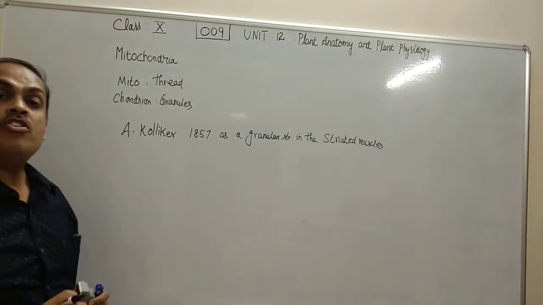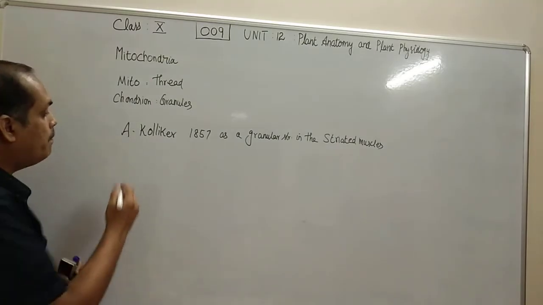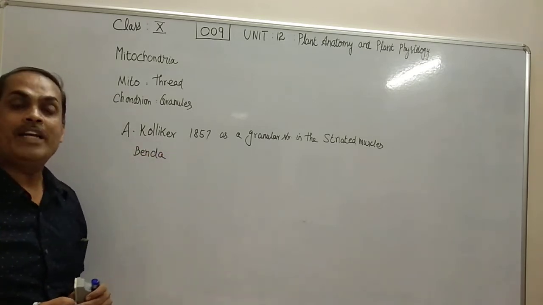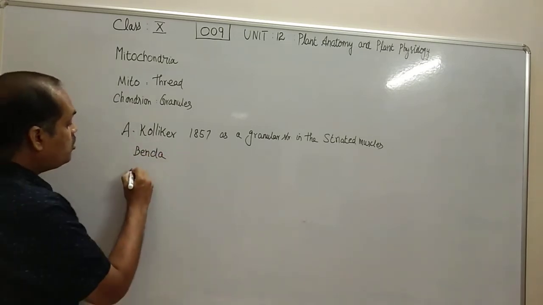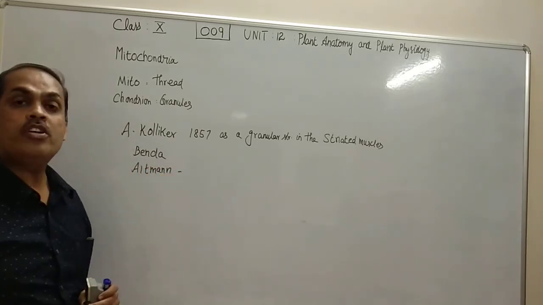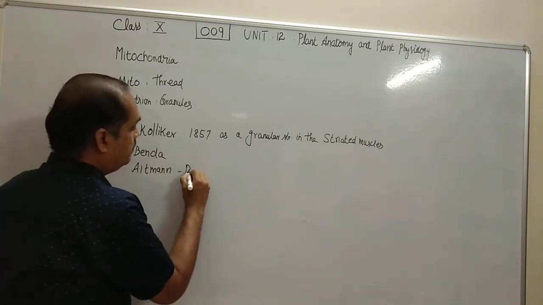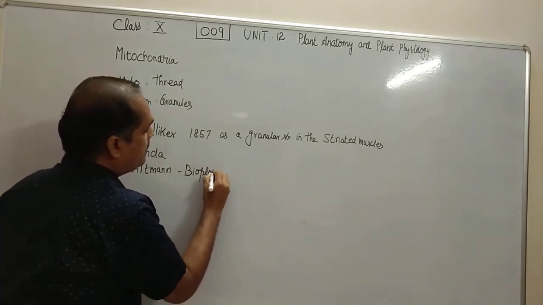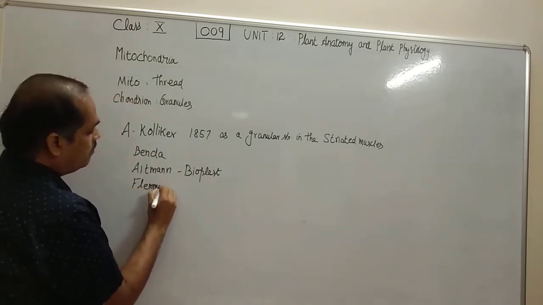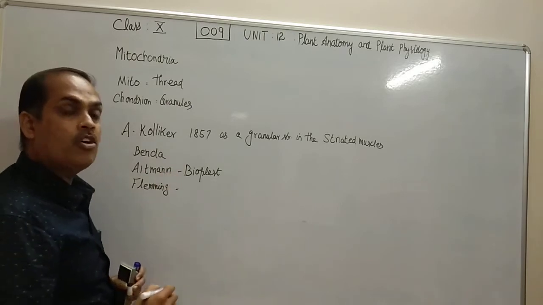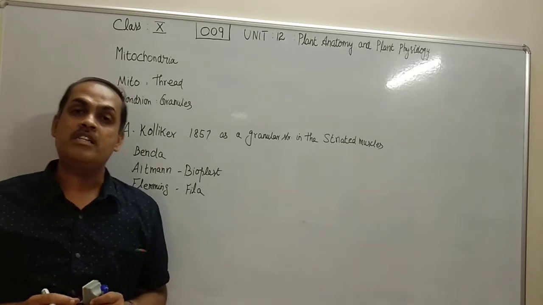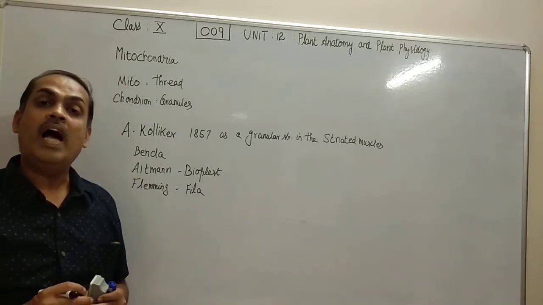The term mitochondria was given by another scientist, Benda. Altman, another scientist, called mitochondria bioplast. And Fleming called mitochondria phyla. So these are a few scientists who were involved in the discovery and the naming of mitochondria.